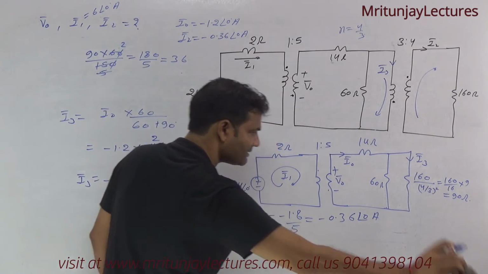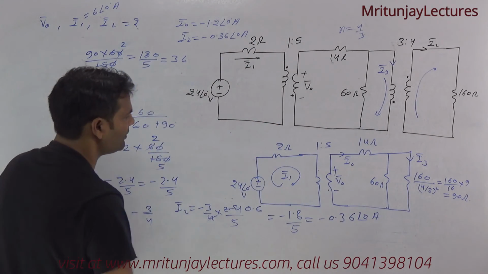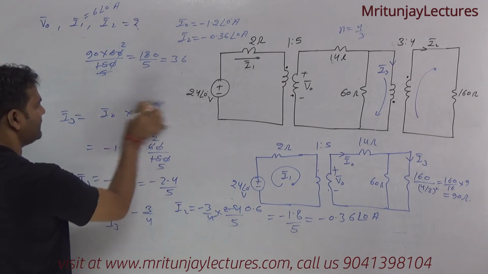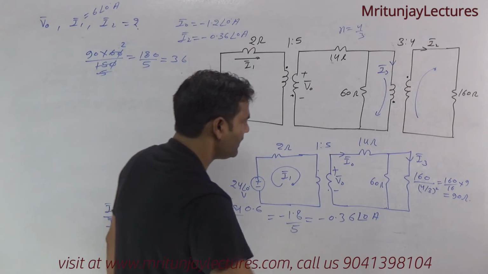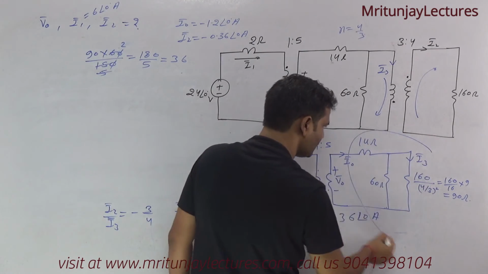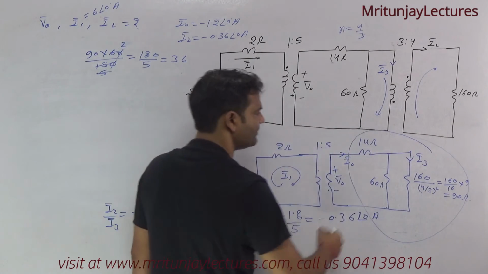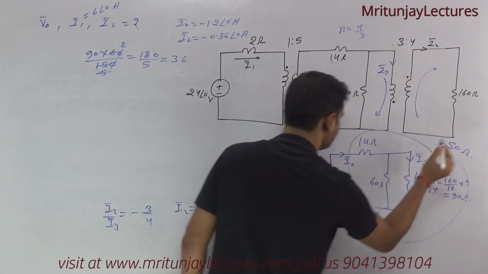Okay, our next target is V0. How can we determine V0? I know this whole combination gives 50 ohm, which I have already solved.